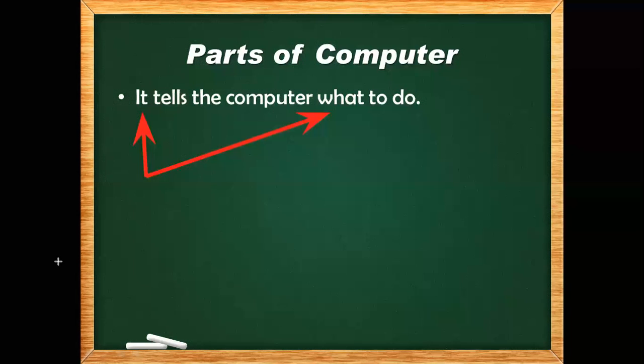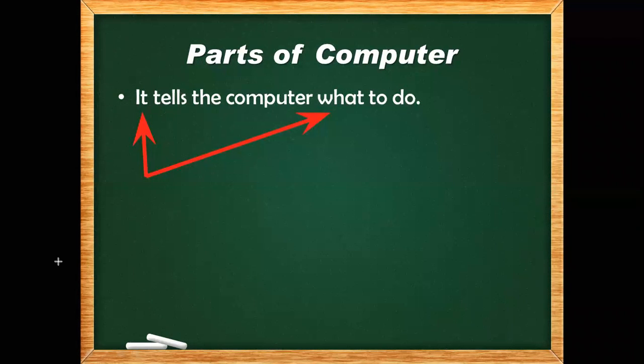Okay. So, Umar Mustafa, you are not raising your hand. Can you tell me what is the brain of the computer? Umar Mustafa, are you there? Umar, you can unmute yourself now. Okay.